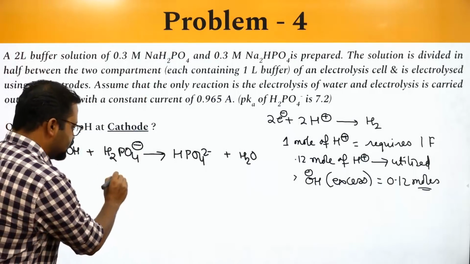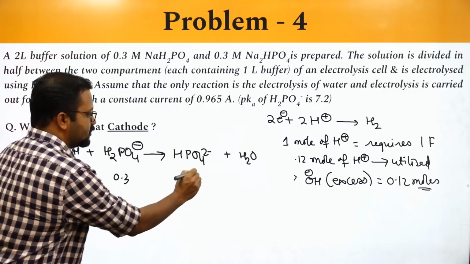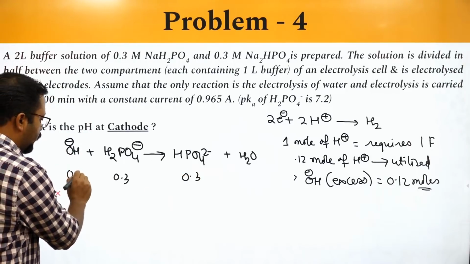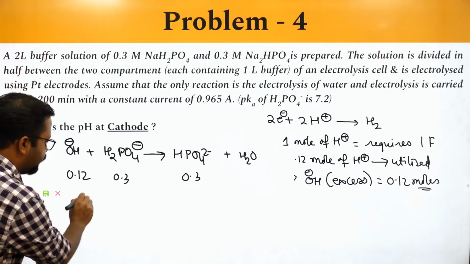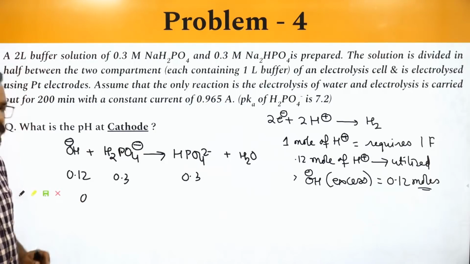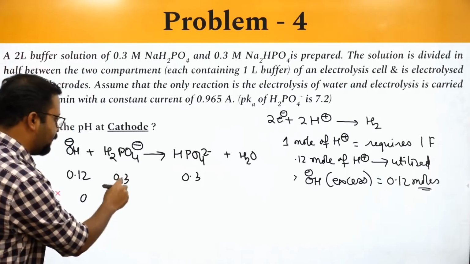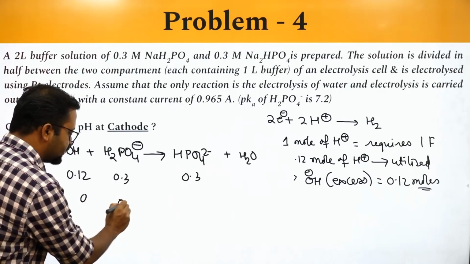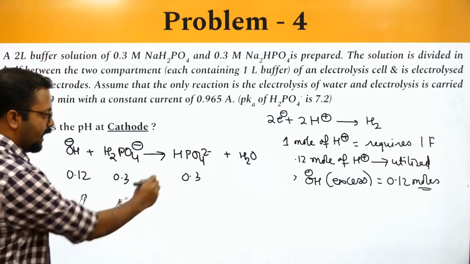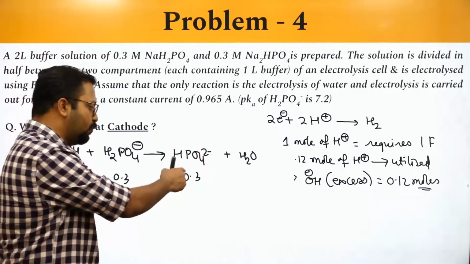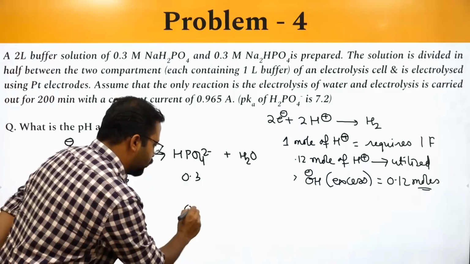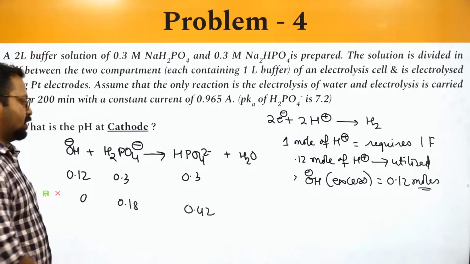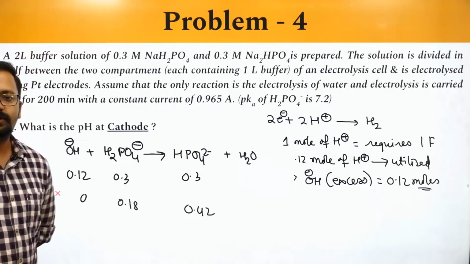This is given as 0.3, this is given as 0.3 initially. Now if you add 0.12, this will get completely consumed. This will also react, and how much of this will be left out? 0.18. And how much of this will be formed? 0.12 plus 0.3, that is 0.42. So 0.42 moles, 0.18 moles.